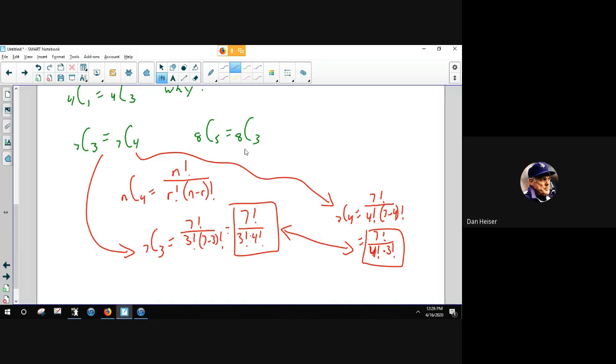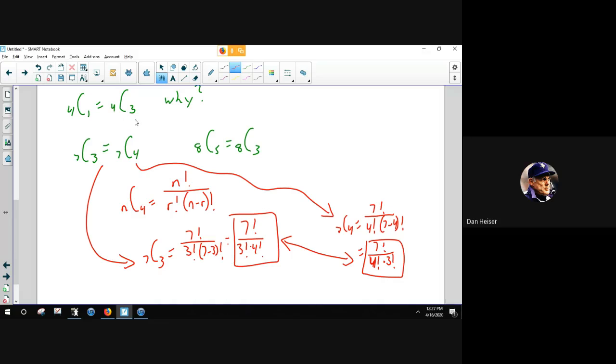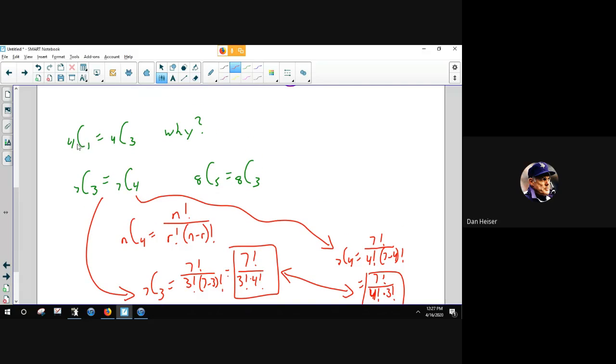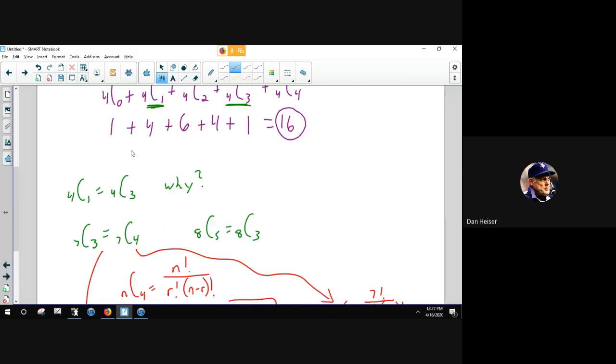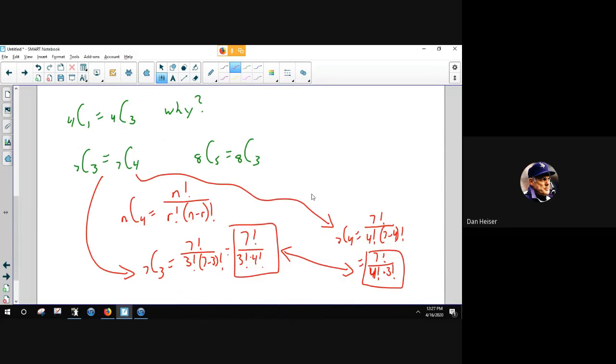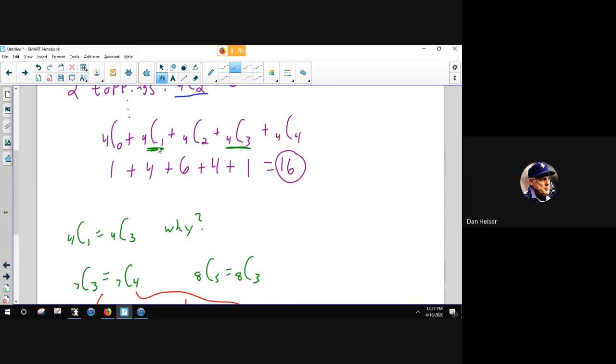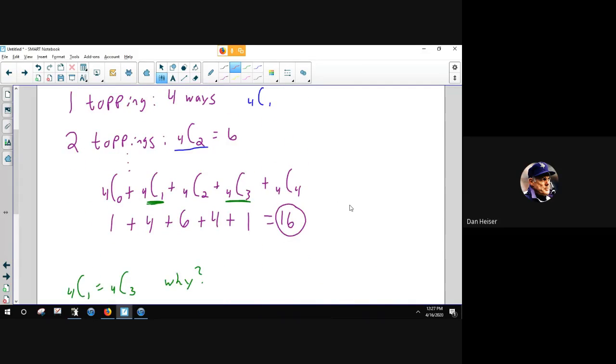In this denominator, we would get 3 factorial, 5 factorial. The same thing. Same thing going on in here. 4C1, 4C3. This r plus this r adds up to be the value of n. So that is something to look for in a problem like this. Whenever you have pairs of r's that add up to equal n, we know that those spots will be the same value.